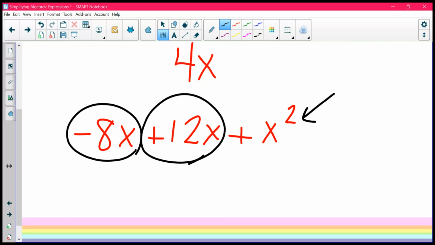This one you cannot combine. That one's to the second power. In order to be a like term, it needs to be the same variable, and also raised to the same exponent. So these first two, these are technically to the first power. The last one would be to the second power.